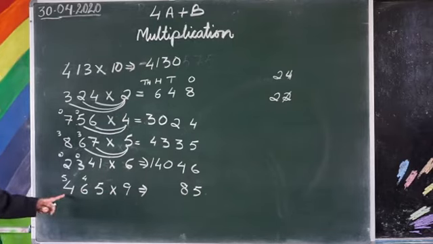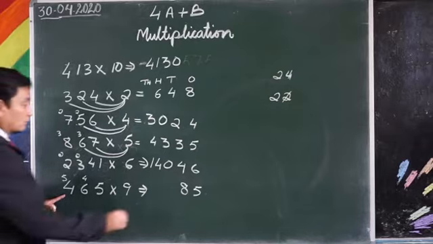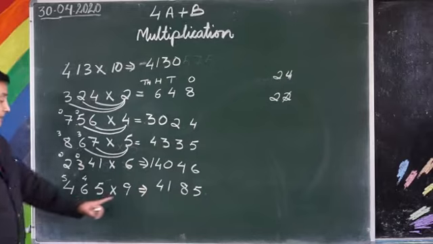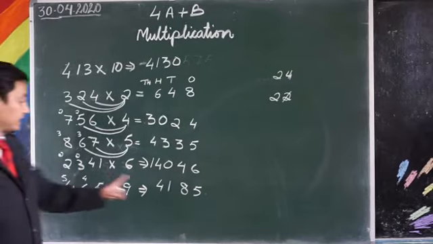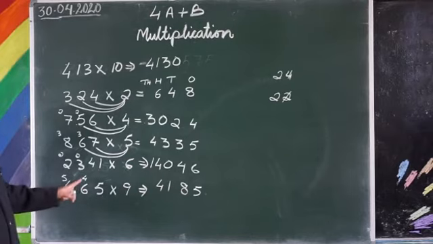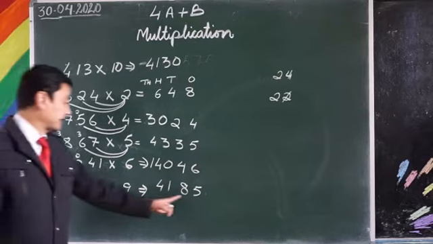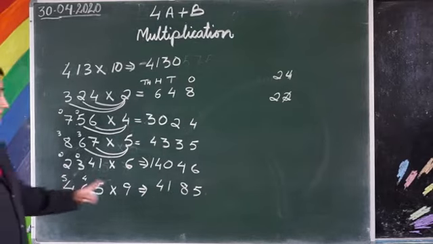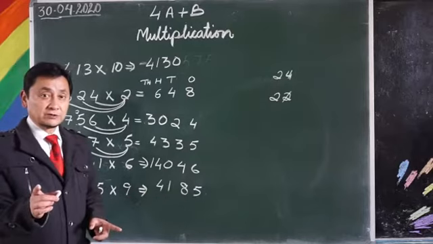Plus 5, 41. Let's check again. 9 5s are 45. 9 6s are 54. Plus 4, 58. 9 4s are 36. Plus 5, 41. I hope you have understood.